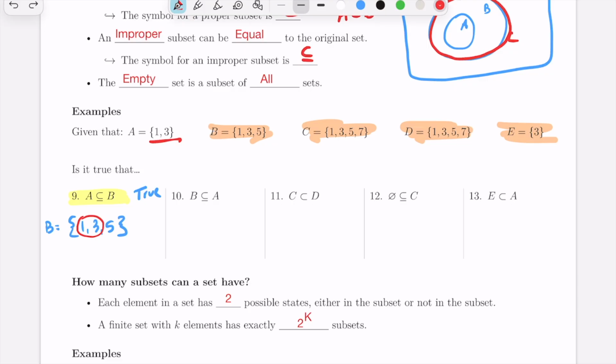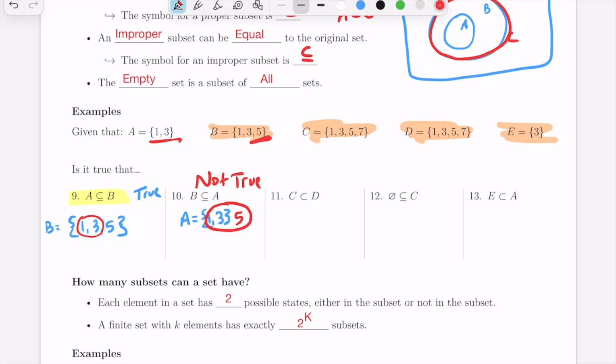The next one is B is a subset of A. Well, are all the elements from B contained completely inside of A? No, we just did a thing like this. If I say that A is equal to 1 and 3, and I try to circle B, I also have to have the number 5 there. 5 is in B, but it's not in A. So therefore, this is not true.